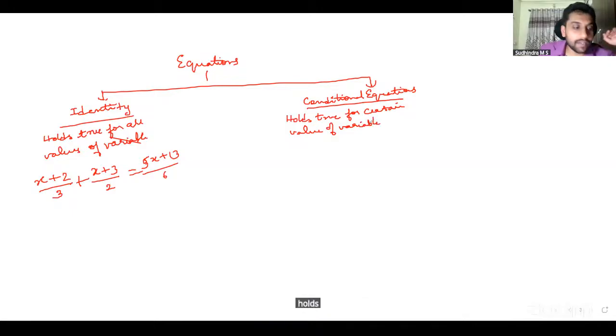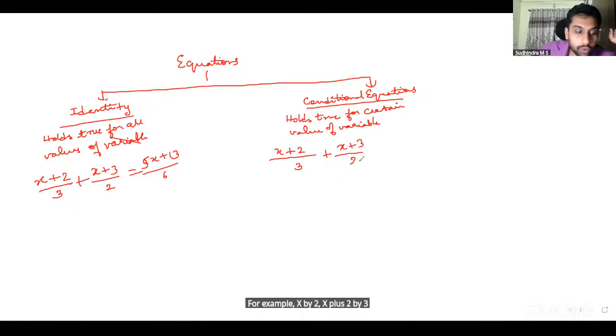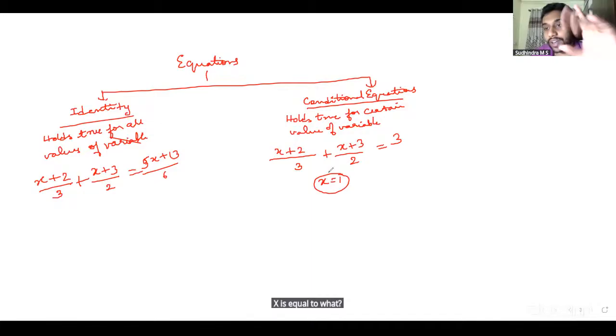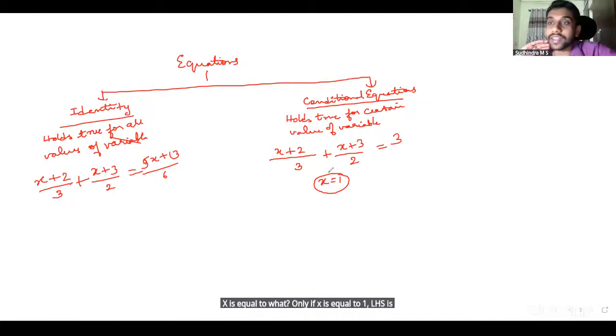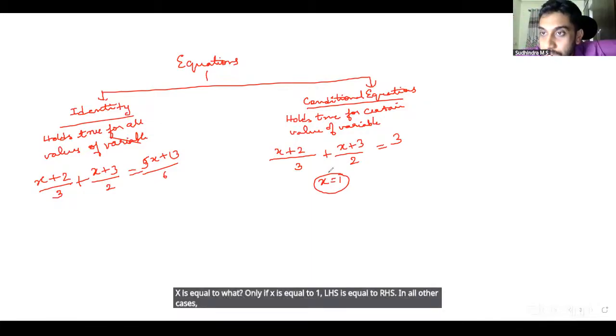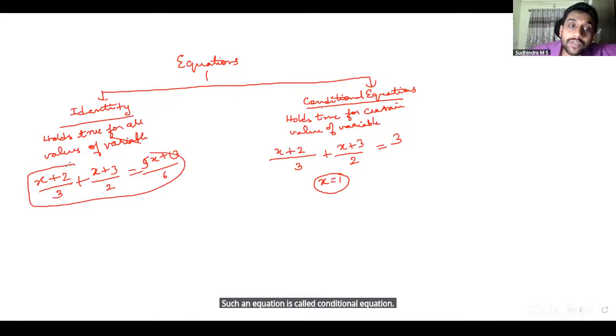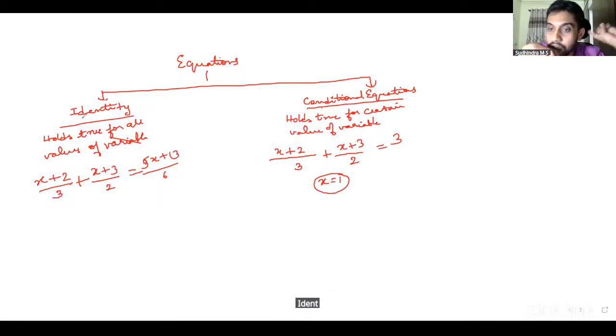For example, (x+2)/3 + (x+3)/2 = 3. This holds good only if x is equal to 1. Only if x is equal to 1, LHS is equal to RHS. In all other cases, this is not an equation. Such an equation is called conditional equation. Equations where it holds good for any value of x are called identity. Are we following?